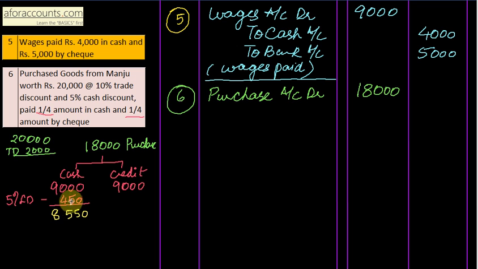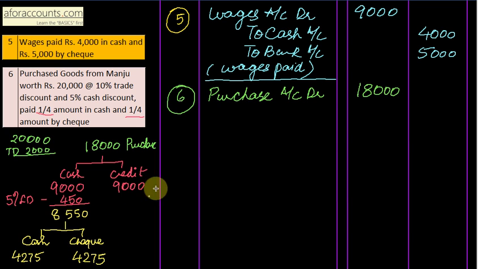And of that, 1/4 amount in cash and 1/4 amount by check. So this is half. Half of that, 1/4, means again half. Of this I get half in cash and half by check. So 4,275.